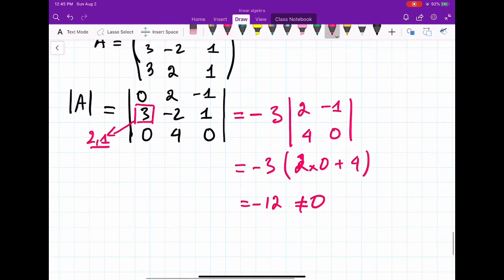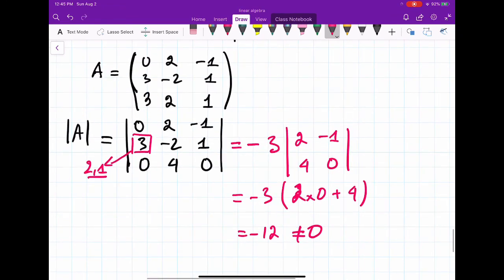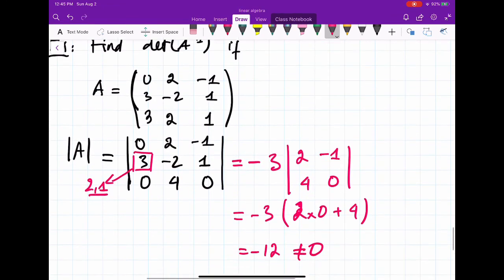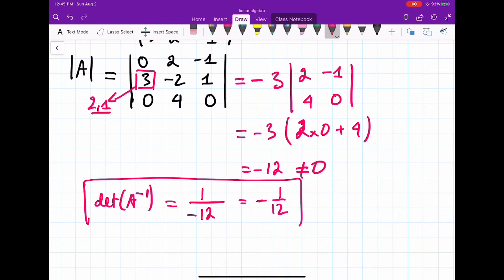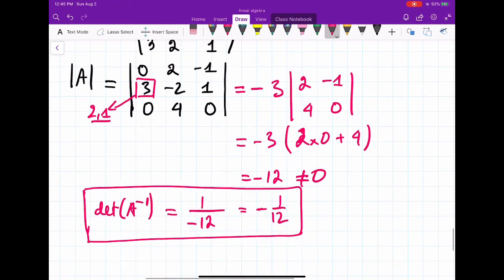Perfect. Then A is invertible, right? And of course then we have that the determinant of A to -1 is 1 over -12, which is -1 over 12. That's how we can use the determinant to find the determinant of the inverse.